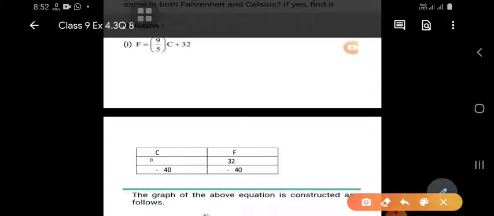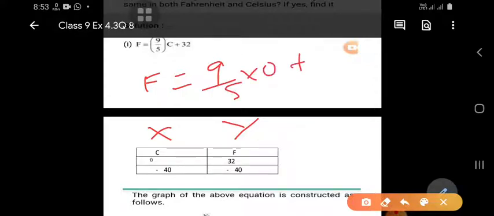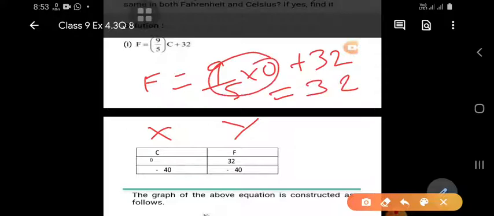If C means x and F means y, so if x is equal to 0, then what happens? We put F is equal to 9 by 5 into 0 plus 32. So if C is equal to 0, then F is equal to 32.